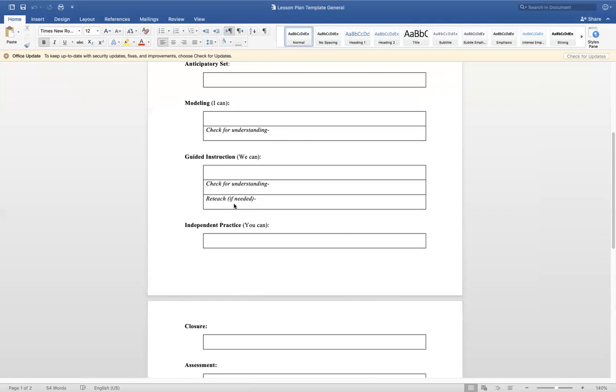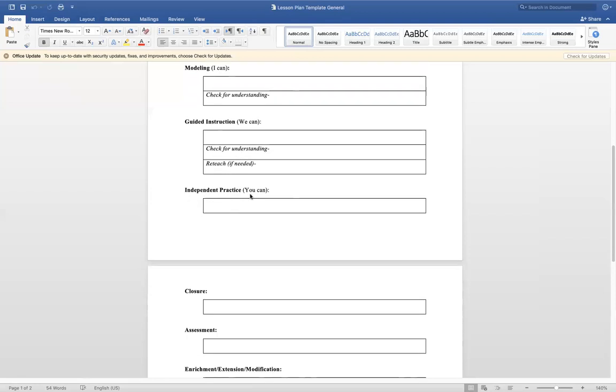Then comes the independent practice. So something that students should be able to do on their own. You want to have some kind of problem, some kind of learning activity that they will be working on individually. A lot of times, the independent practice is given to students as homework.